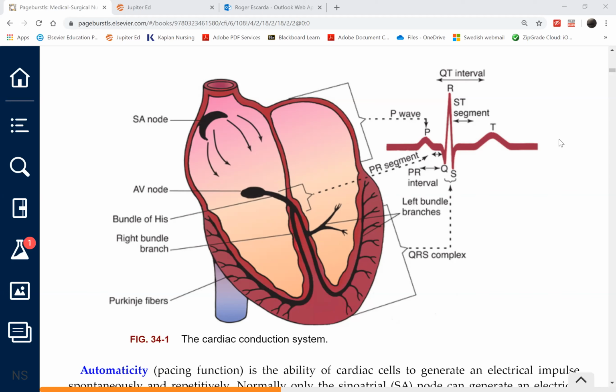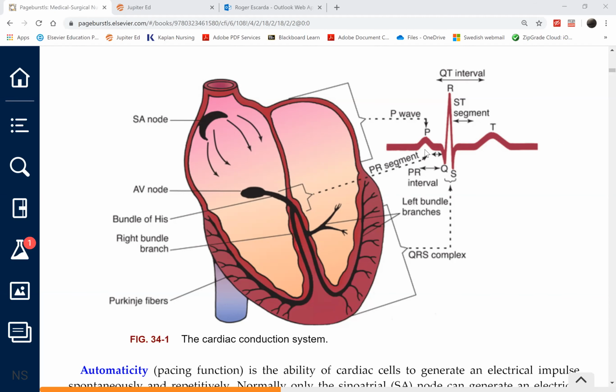So again, to recap, the SA node fires or generates the electrical impulse, forming the P wave, at which point the atria are contracting. And then that same electrical impulse hit the AV node. However, as you can see, it did not occur instantaneously.